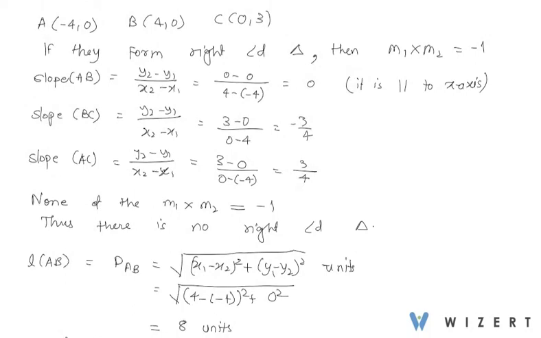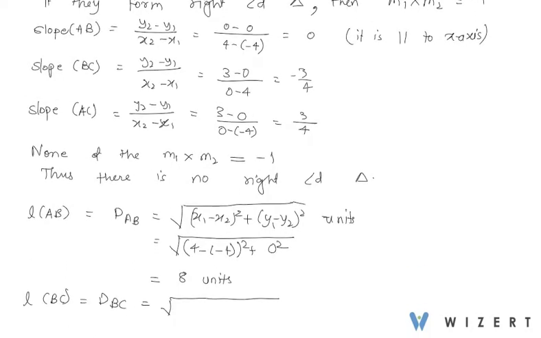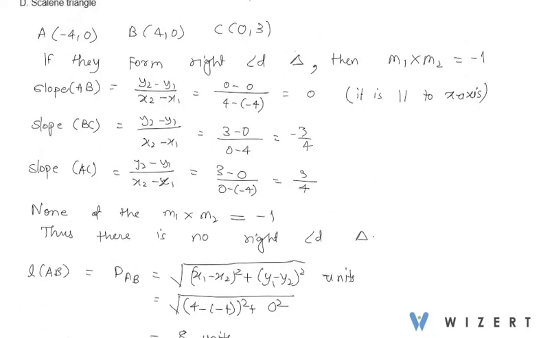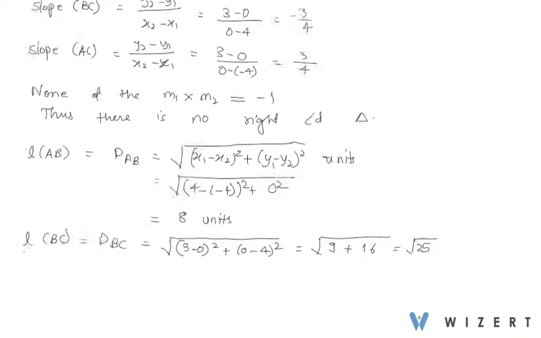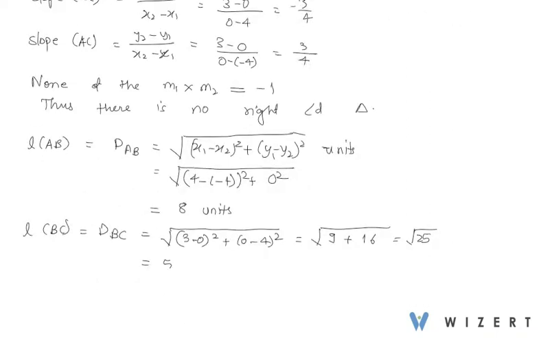So let's put the values: (3 minus 0) whole square plus (0 minus 4) whole square. 3 minus 0 is 3, square is 9, and 0 minus 4 is -4, square is 16, which is the square root of 25. Again, since this is distance, we can ignore the negative value, so we get 5 units.